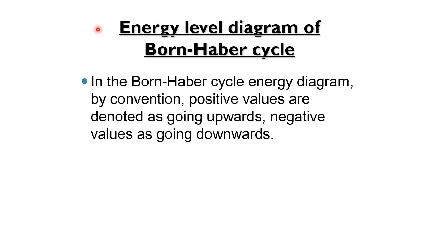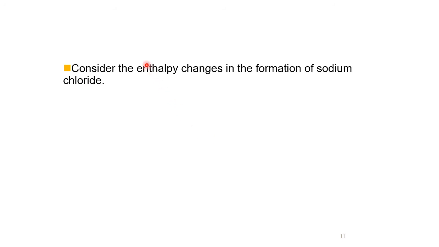Okay, next is about the energy level diagram for the Born-Haber cycle. Just now was the energy cycle, now is the energy level. Level means level 1, level 2. In the Born-Haber cycle energy diagram, by convention, positive values are denoted as going upwards, and negative values as going downwards. Consider the enthalpy change in the formation of sodium chloride.